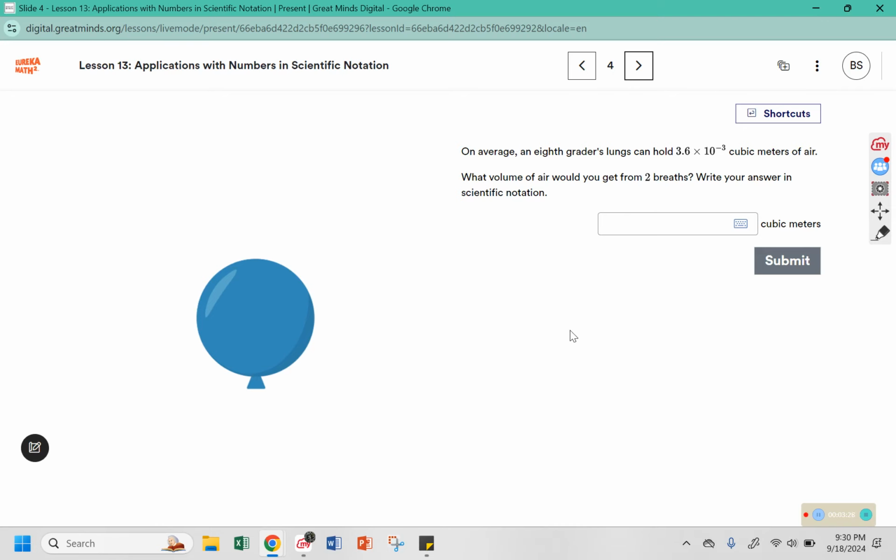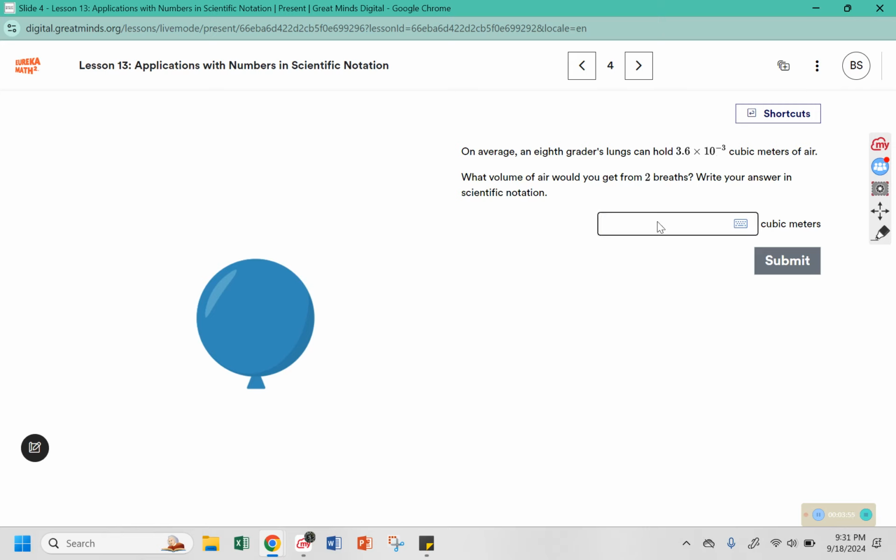It says on average an 8th grader's lungs can hold 3.6 times 10 to the negative third cubic meters of air. What volume of air would you get from 2 breaths? Write your answer in scientific notation. So we are multiplying this by 2, or we can think of multiplying it by 2 times 10 to the 0 power.